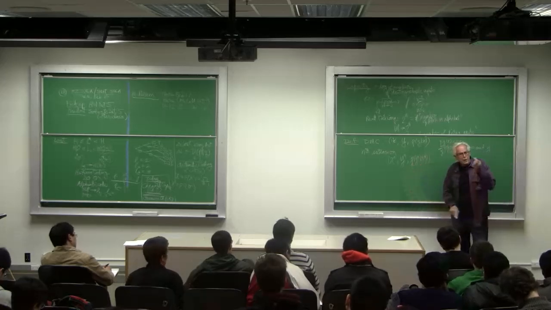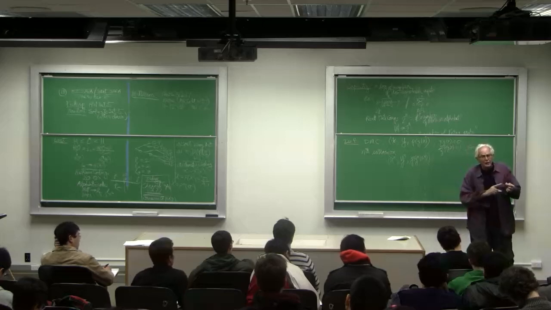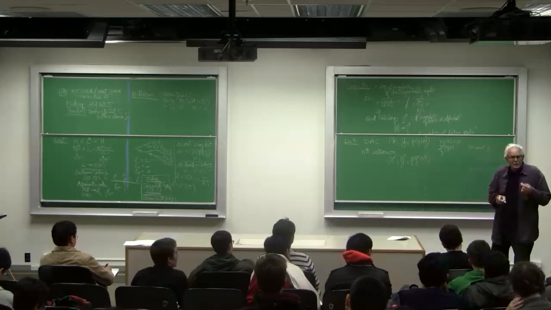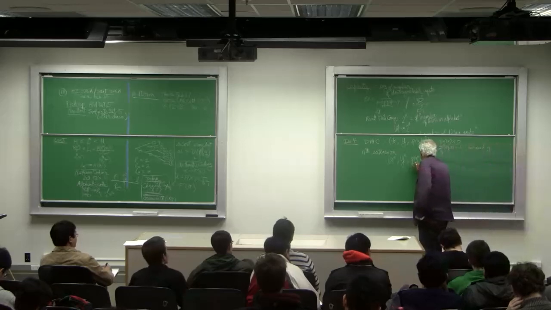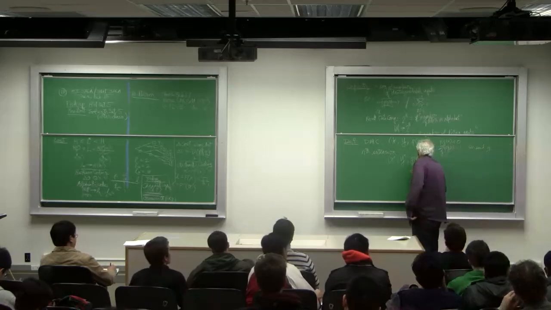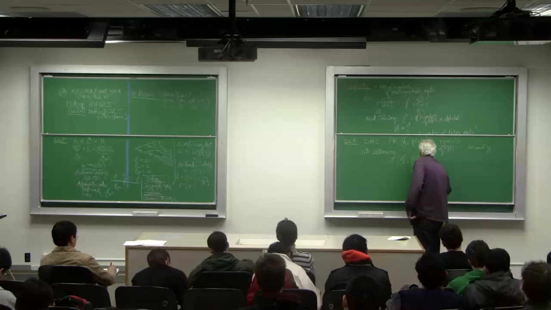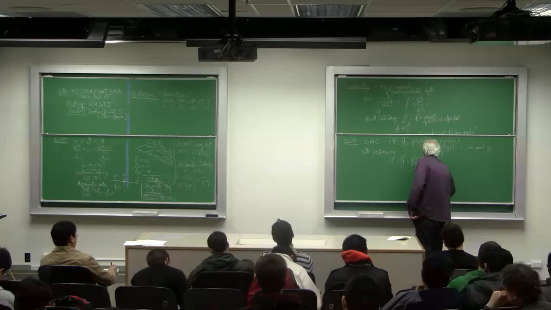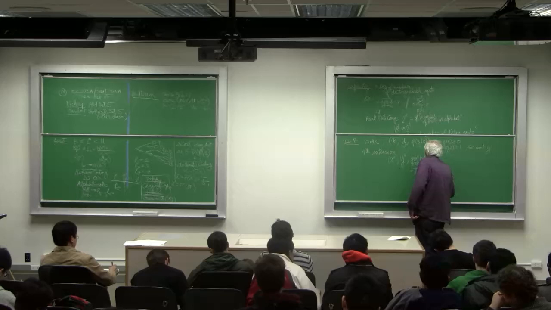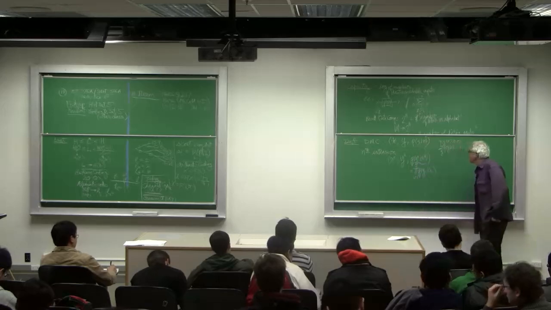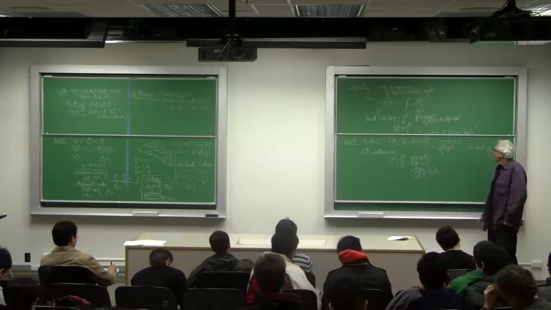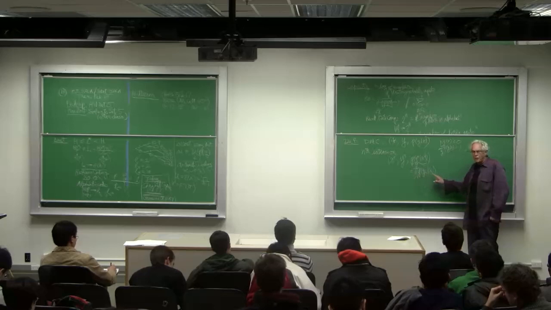The distribution of y_i given all the other x's just depends on the current x. So this is equal to the product of p of y_i given x_i from i equals 1 to n. This is what makes it a memoryless channel.